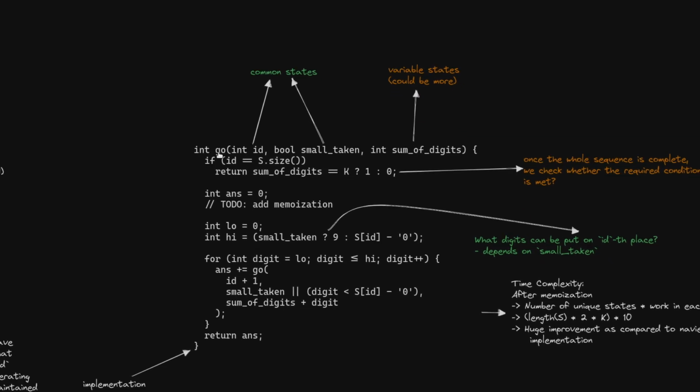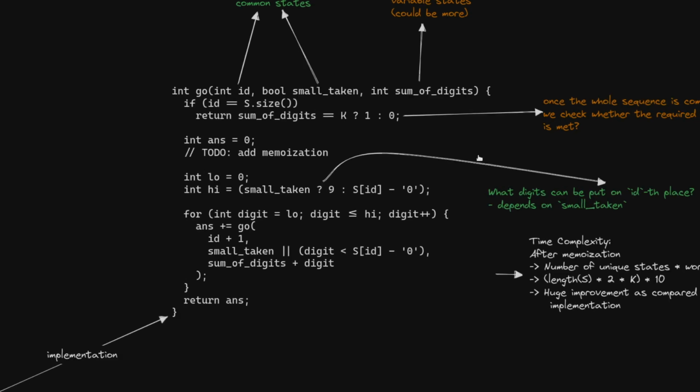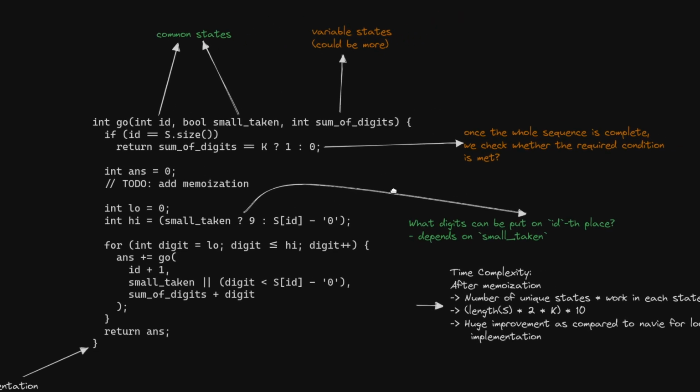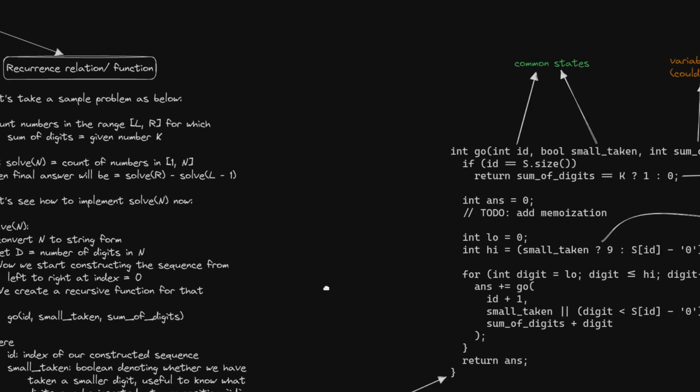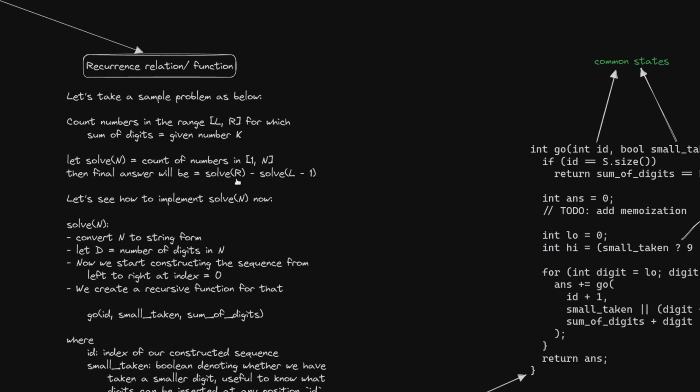So this function is going to return the count of numbers. This id and small taken will be the common states, because they are going to ensure that the number that we are generating is less than or equal to the number that we want, based on this condition, solve n.